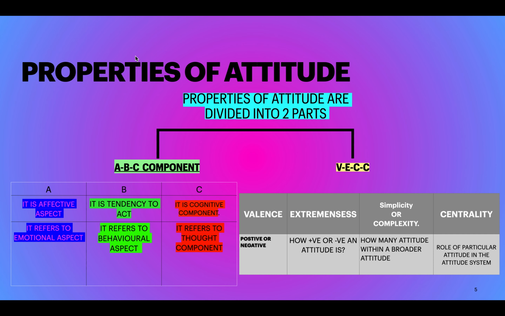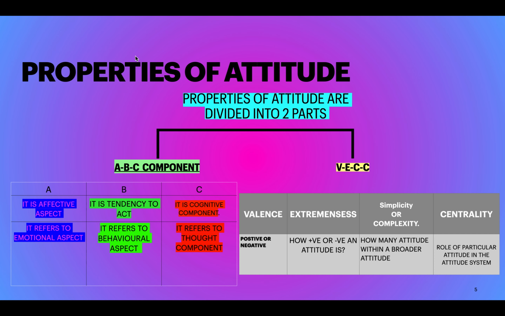In VECC, I've used a first-letter mnemonic technique, which would be easier for you to revise on the last day of your examination. Now, talking about the ABC component, A stands for affective aspect.